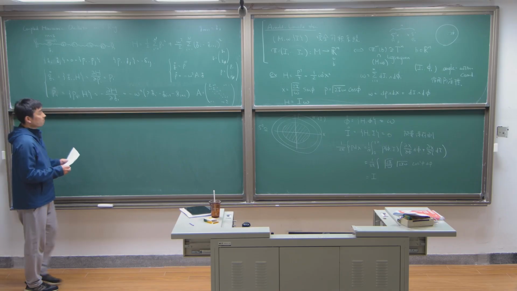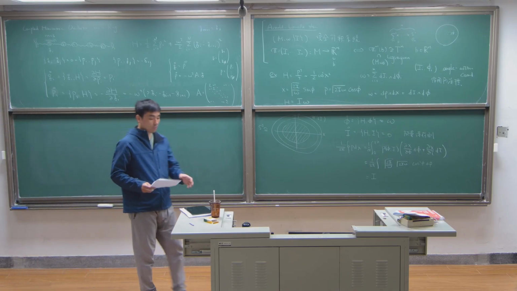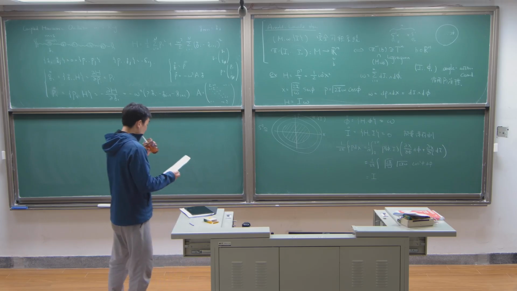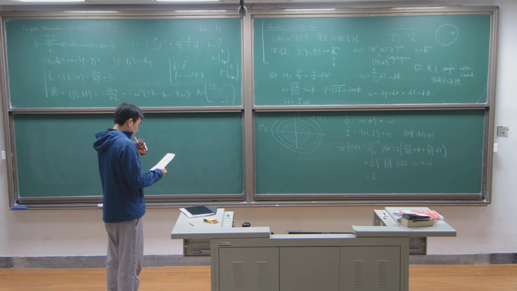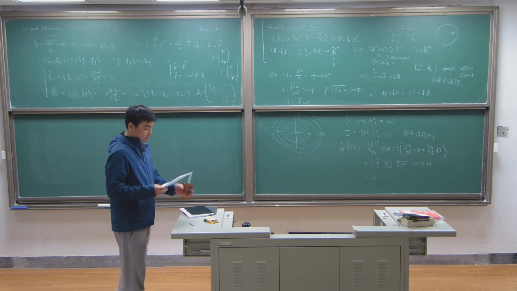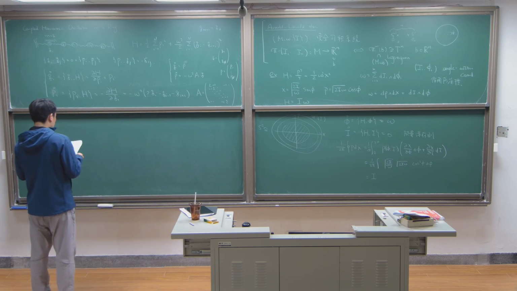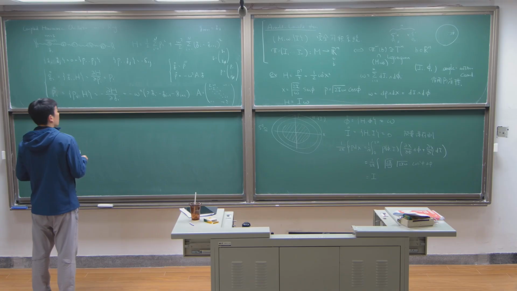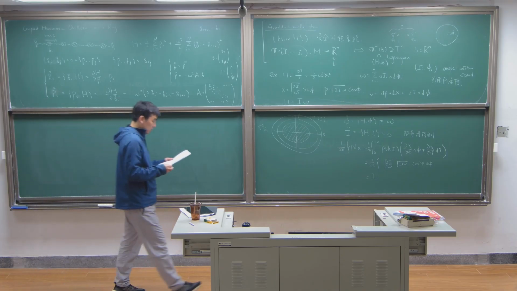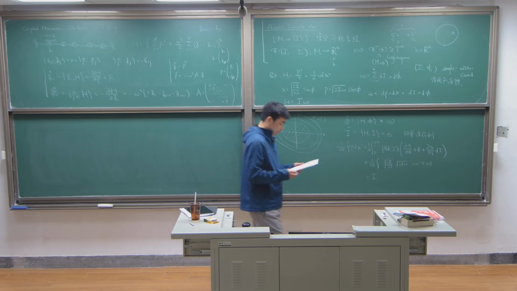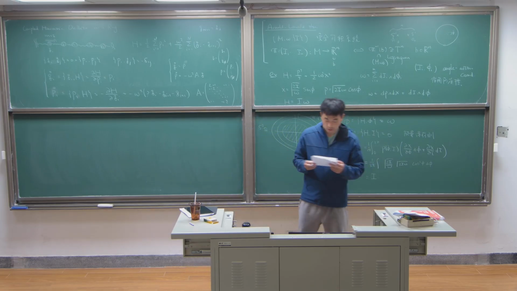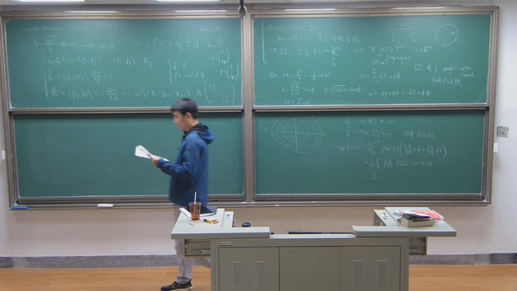It's very easy to find the eigenvalues and eigenbasis, which is closely related to the Fourier transformation.